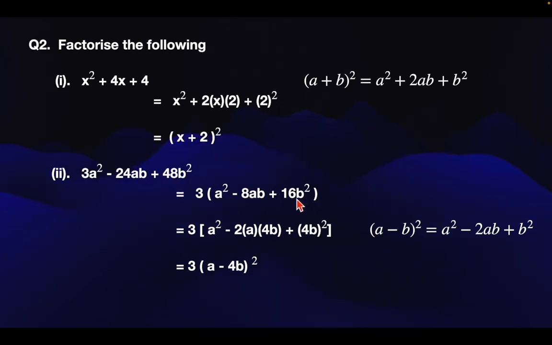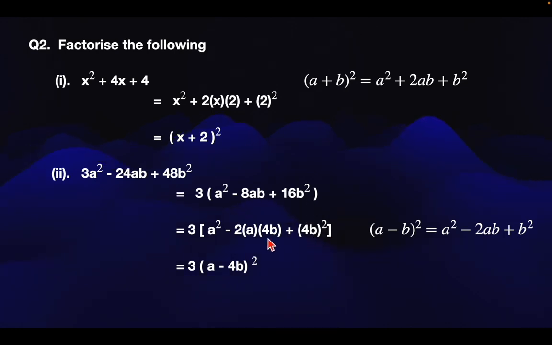Again we can see that these two are squares, and the middle term can be written as minus 2ab. So here it is. Let's write it in the standard form like this: a square minus 2 into a, and this will be 4b, the whole square, 16b square.